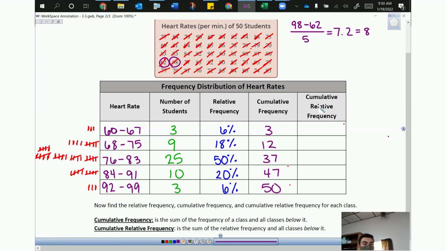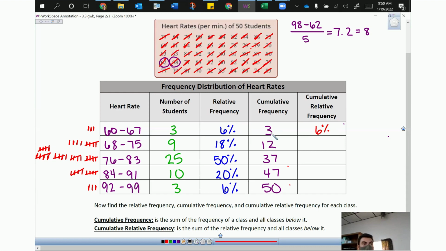Now, the cumulative relative frequency is the same concept, but instead of using the frequency column, we're going to use the relative frequency column. So what you're going to do is you're just going to focus on this guy. So the cumulative relative frequency for your first guy is just going to be your first guy, no big deal. Now, another way that you could find that, because some people are like, what if I didn't find that?